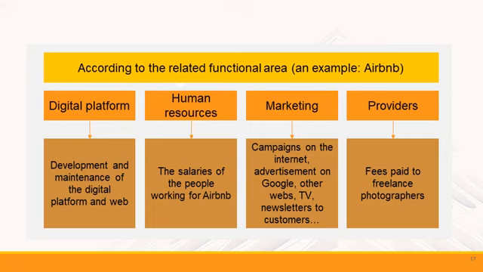Okay, so this is an example in which you can see the different costs according to the different areas that integrate the company. As you can see here, we have all these areas that are also related to the value chain. But we can see that not all the basic activities or the complementary, the support activities are here.